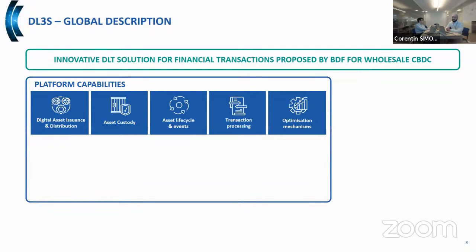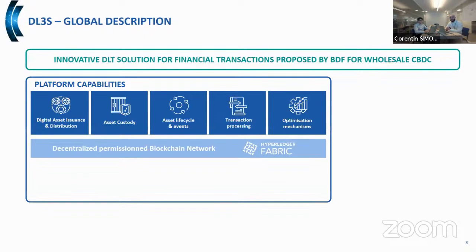These are based on specific workflows for each type of transaction, built on different smart contracts. We also have some optimization mechanisms, for example recycling, which tries to automatically settle every eligible instruction that is not already settled, if needed.